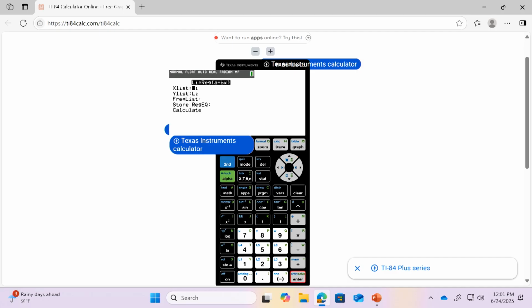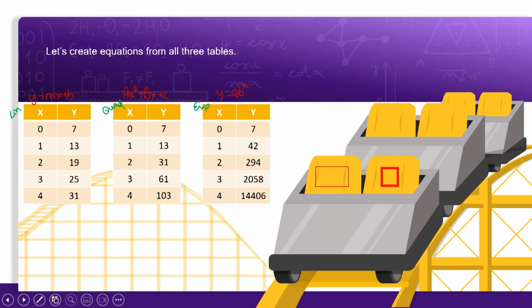My x values are L1, my y values are L2, so I'm going to go Enter, Enter, Enter, Enter, down until I have Calculate, and I'm going to press Enter. And it tells me here that my a is 7 and my b is 6. So when I go back and I write this, I am writing y equals 6x plus 7.